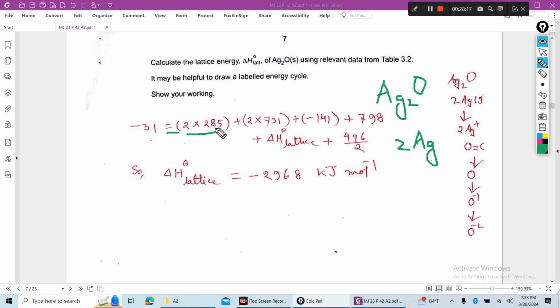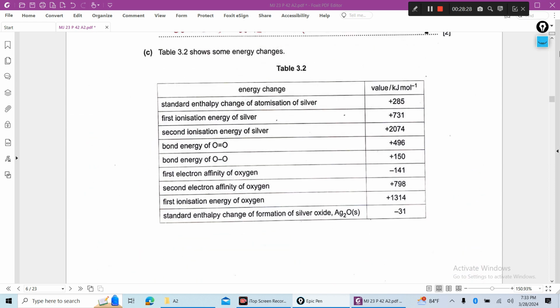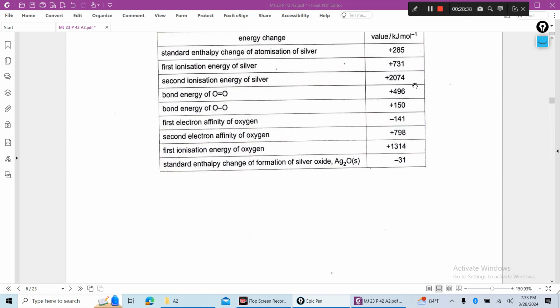So the atomization of silver is 285, so 2 times 285. You see, atomization of silver 285, so 2 silver atoms, that's why times 2.